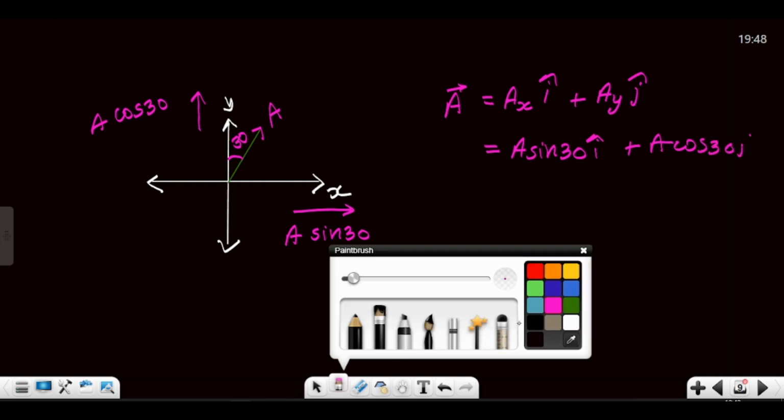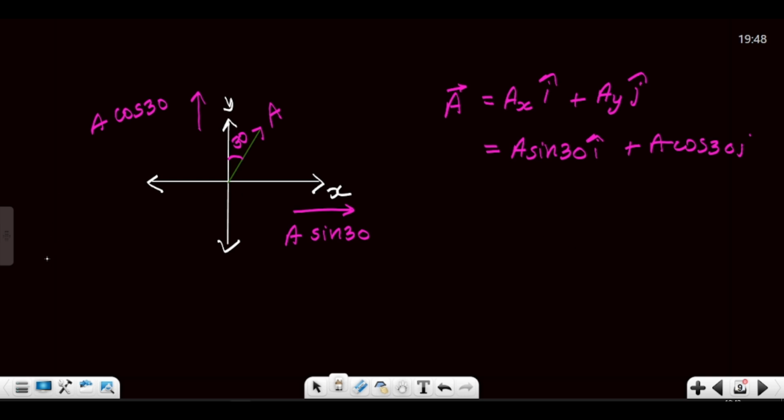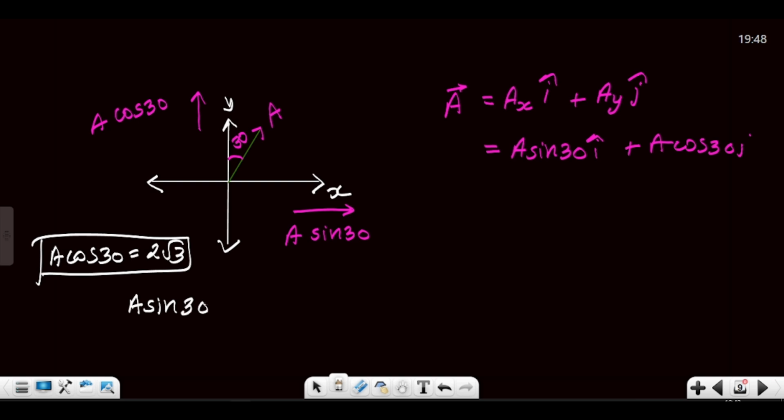They have said that the y component is 2 root 3, which means a cos 30 is 2 root 3. They have asked for the x component, which means a sin 30. They haven't asked for a, they have asked for a sin 30.